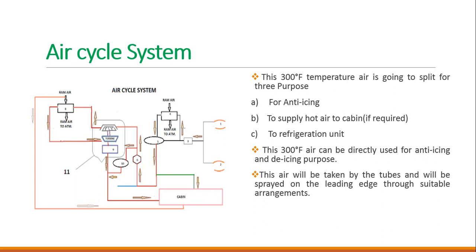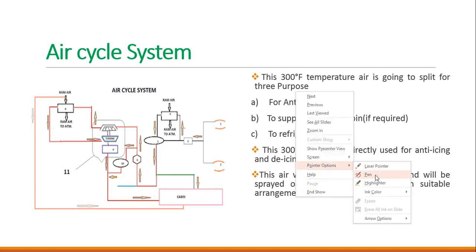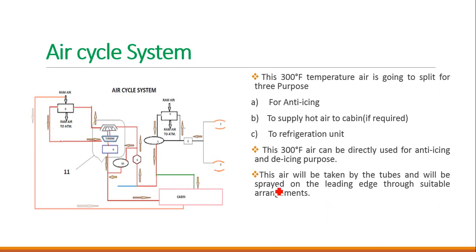This 300 degree Fahrenheit air is also used for de-icing. For de-icing, the air is supplied to the leading edge, because ice forms at the leading edge of the wing. The air is passed to the leading edge of the wing and it will disperse the ice.